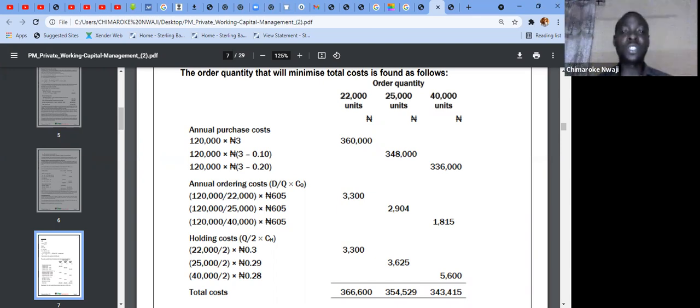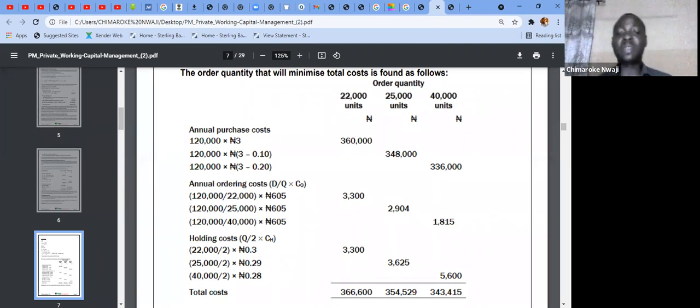But of course, you still need to consider other things here. The ordering cost and holding cost are higher than at the EOQ, but we ignore shortage cost because it is not going to happen when you buy in large quantity.